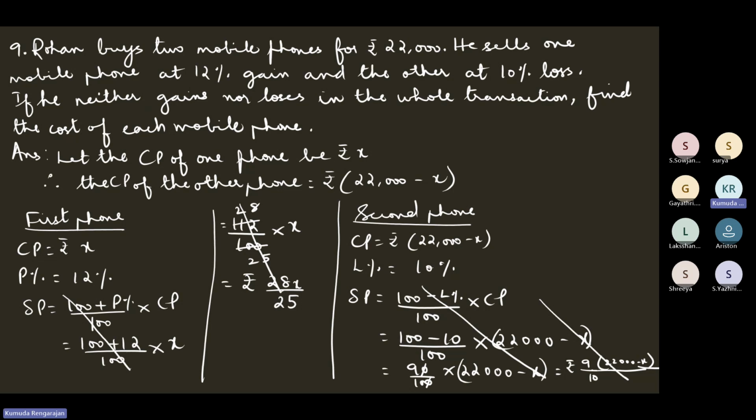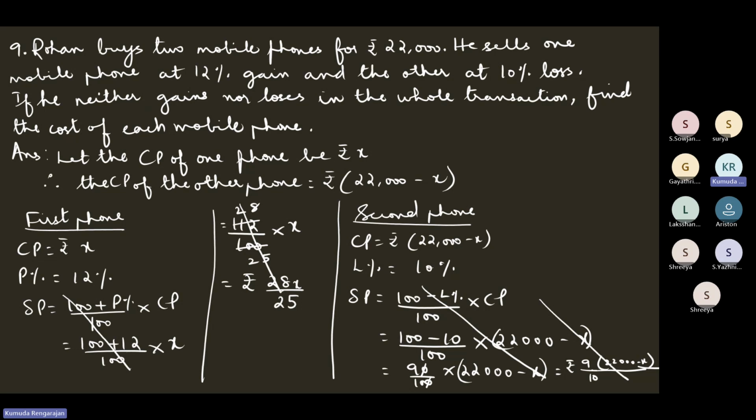When you see the transactions individually, yes, he does make a profit on the first phone, and he does incur a loss when he sells the second phone. But when you consider both transactions together, he neither gains nor loses. That means nothing has gone out of his pocket, which means the profit on the first one is equal to the loss on the second one.